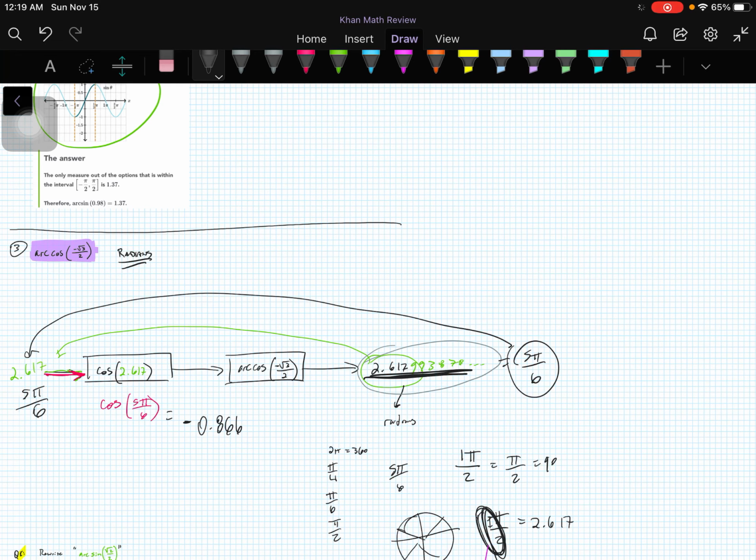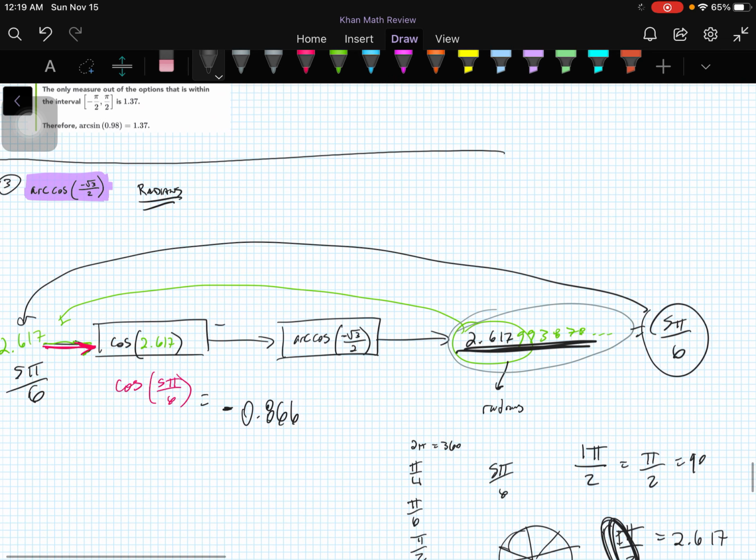You always have to look back at your pattern, at your boxes, to see what this number is and where it should go. So let me use a different color. Negative 0.866 should be equivalent to negative square root of 3 over 2. So I'm going to put negative square root of 3 over 2 in the calculator.